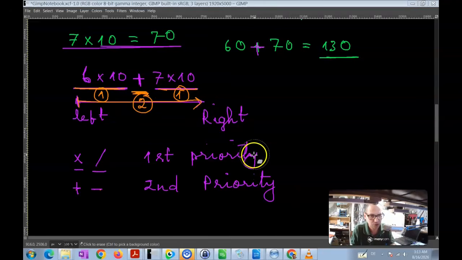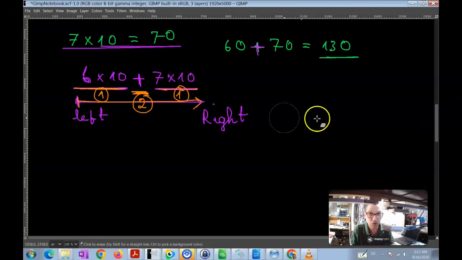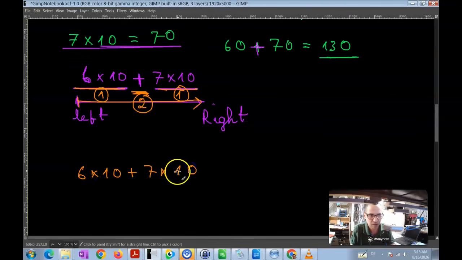Over here you did not write down this expression yourself. You just read it. I'm writing this, so I write 6 times 10 plus 7 times 10, and then I will ask you to evaluate this. When you want to evaluate it, you will say that this has the first priority, this has the first priority because both are multiplication, and this has the second priority.